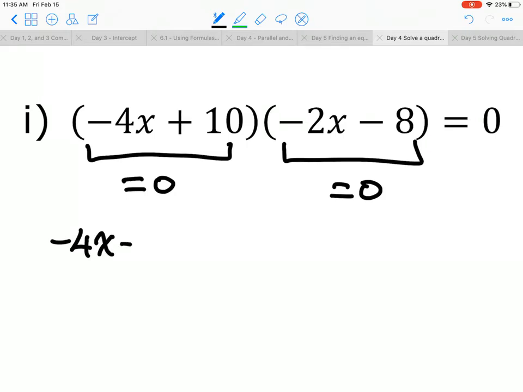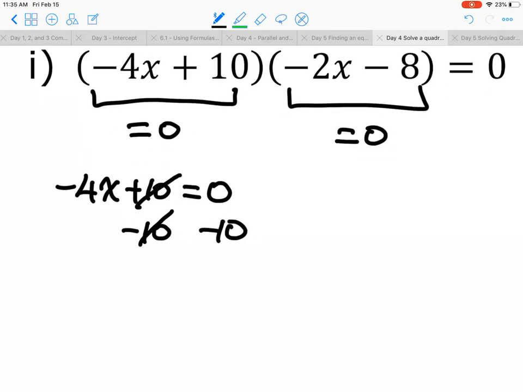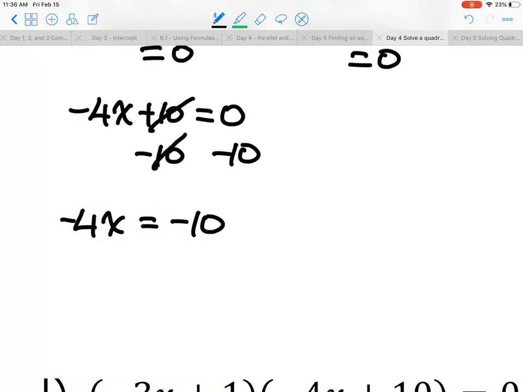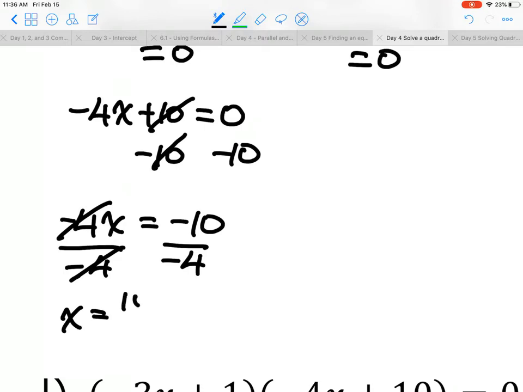So negative 4x plus 10 equals 0. Subtract 10, subtract 10. So the 10's are gone. Negative 4x equals negative 10. Then divide by negative 4. So the negative 4's are gone. So x equals, negative divided by negative is positive, and then 10 over 4, right? However, this can be reduced to 5 over 2.